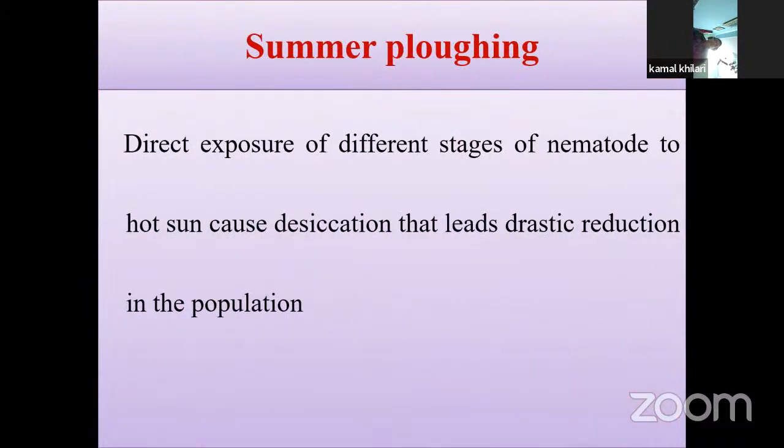And then summer plowing. Yes, this summer plowing is very important. And I think now farmers are going away from this practice.